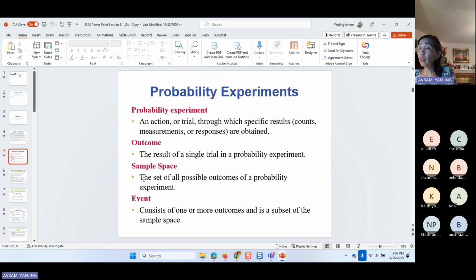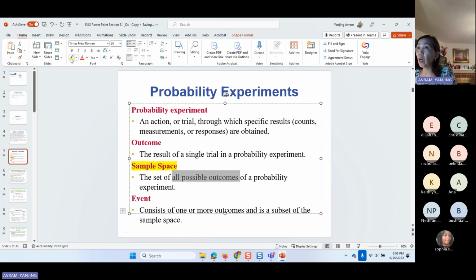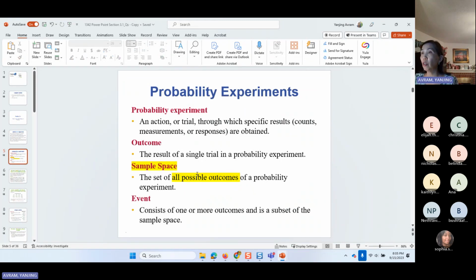We also have a new concept here called sample space. What is a sample space in statistics? Sample space is the set of all possible outcomes. Sometimes, for short, we just call it all possible outcomes. So that is the sample space.